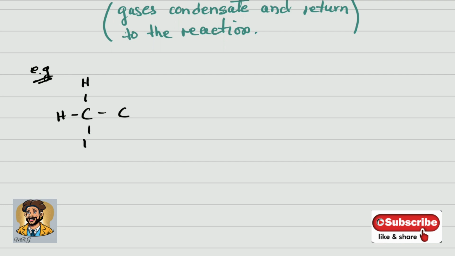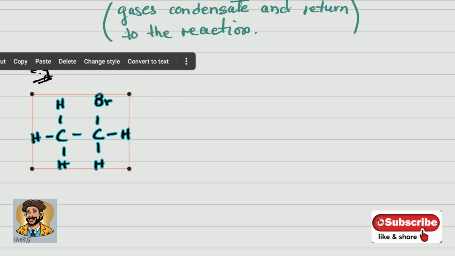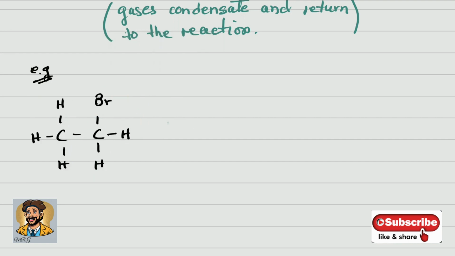We are going to use here Br. We're going to use here hydrogen. We're going to use here hydrogen. Okay, so this is the haloalkane in this specific reaction. For this reaction to happen, you need a strong base. So let's use sodium hydroxide.